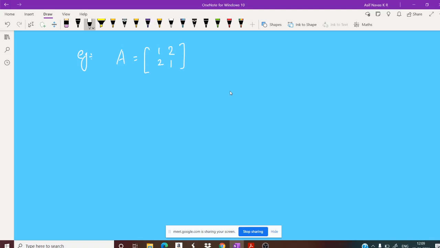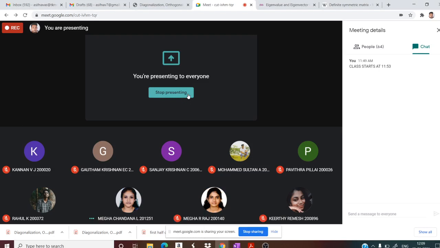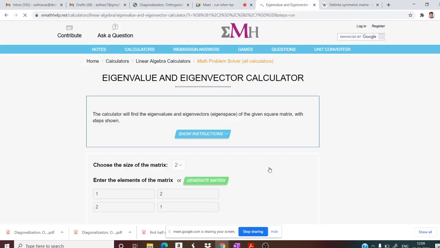Now we will find eigenvalues and eigenvectors. So you know how to find eigenvalues and eigenvectors, right? You already know how, but for simplicity, we will use a calculator.